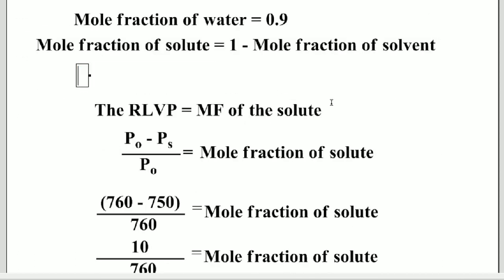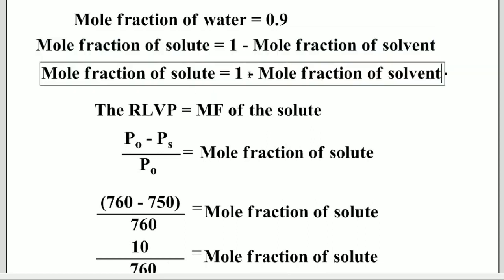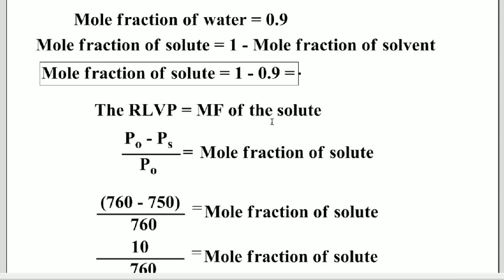Therefore, mole fraction of solute becomes 1 minus 0.9, because the mole fraction of solvent, water, is given as 0.9, that equals 0.1, which is the mole fraction of solute.